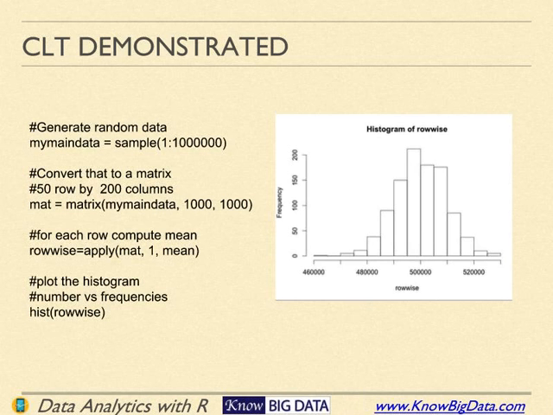Any function we pass there, each row's data will be given to that function, and that function computes the value and generates a new data set. One means row. If you want to apply column wise, we can put 2 there. It will generate a vector of numbers which are the mean of each row in our matrix.